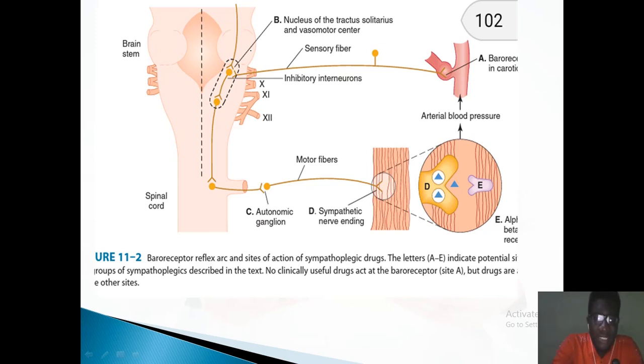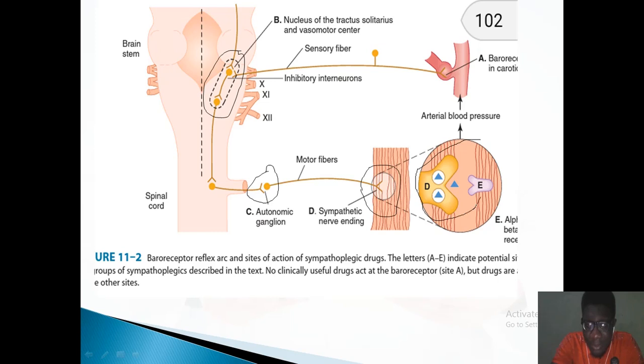So the centrally acting ones act on the brainstem. The site of action is in the brainstem. The ganglionic blockers act here. The post-sympathetic nerve ending blockers act here. And then the adrenergic blockers act on the effector sites.